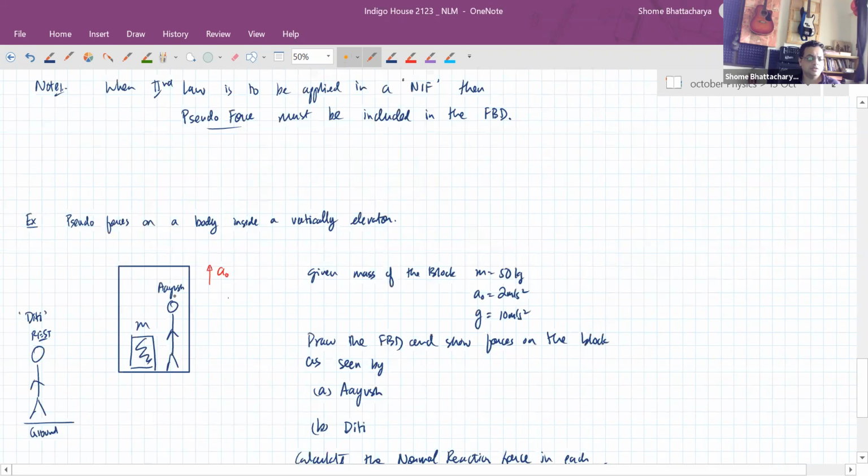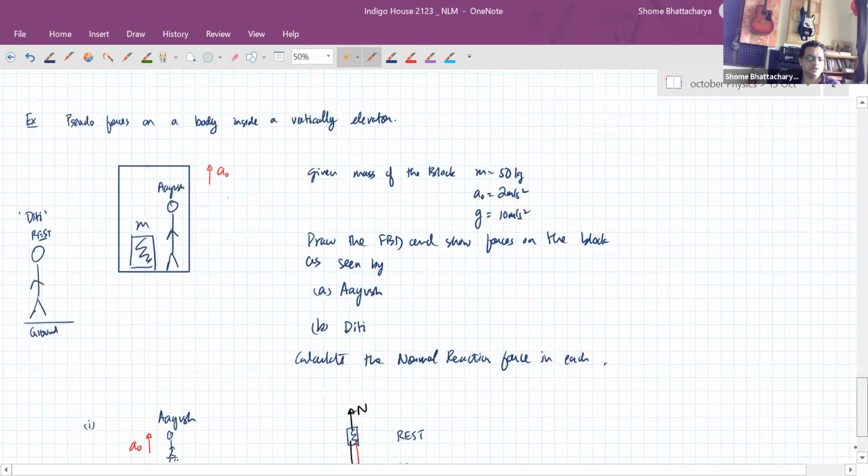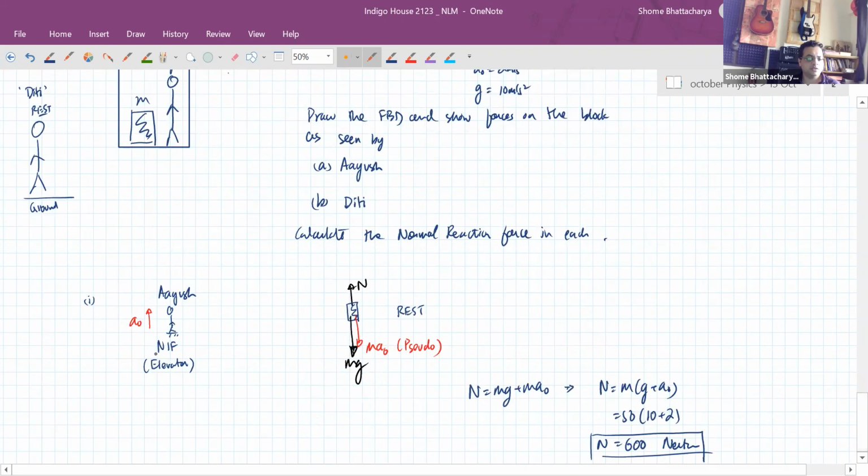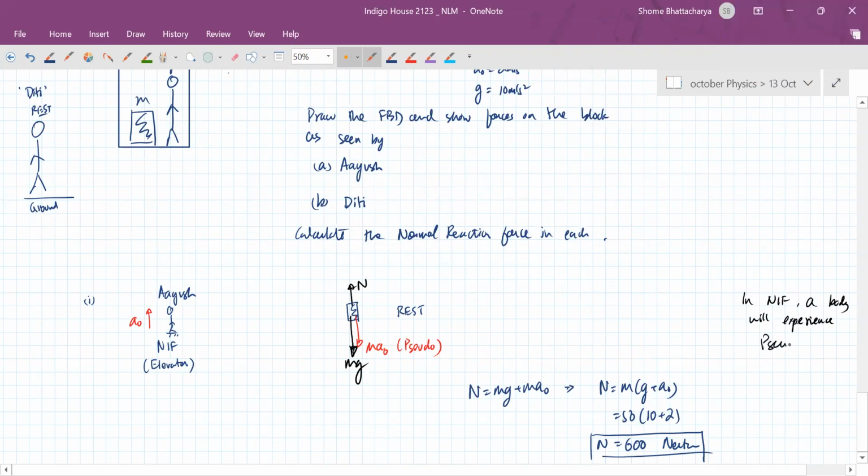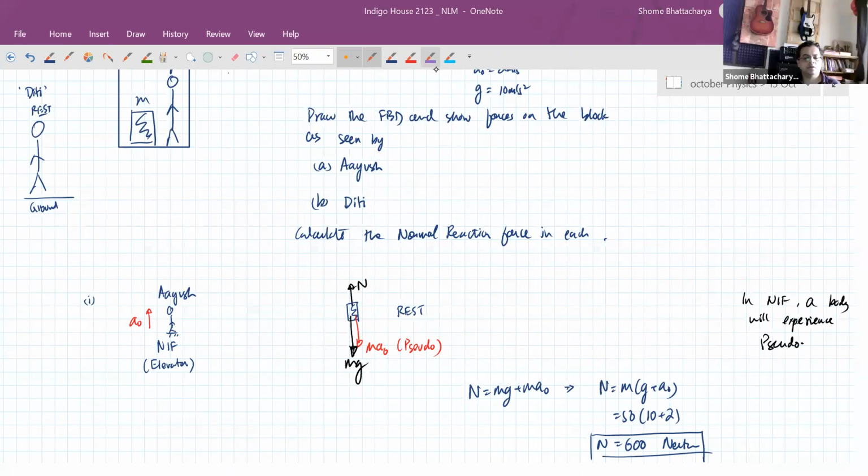He is the observer inside the frame of the lift. So that is which type of observer? That is a non-inertial frame observer. So in a non-inertial frame, a body will experience pseudo force. Right? Okay.